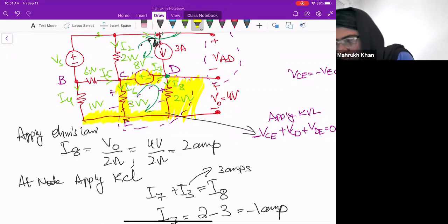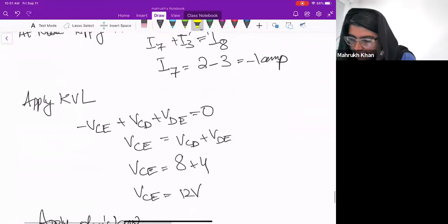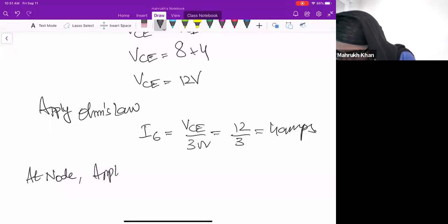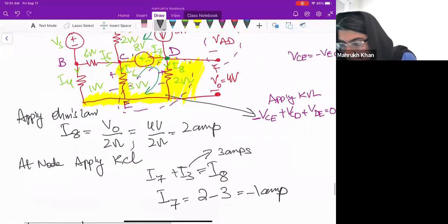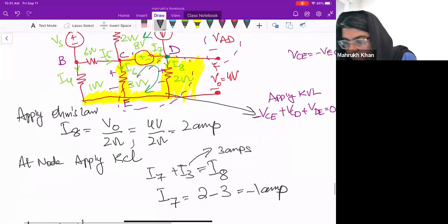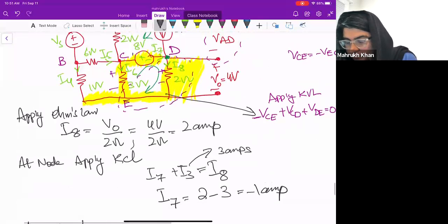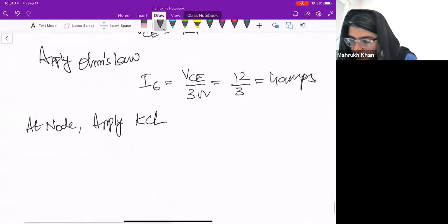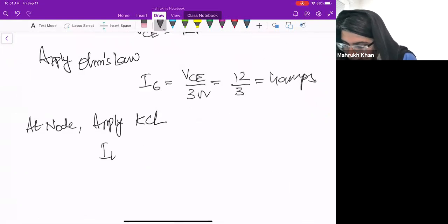So at node E, apply KCL, and it will be I4 plus I6 plus I8 is equals to 0.